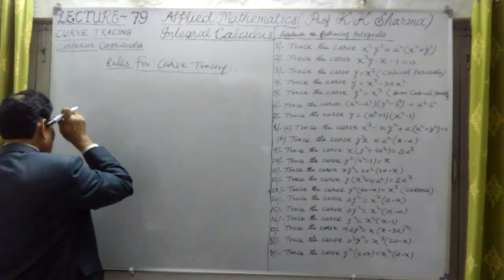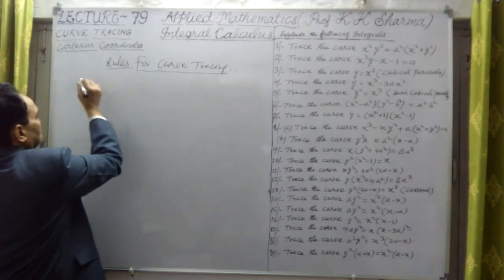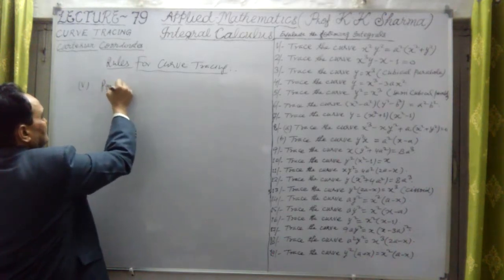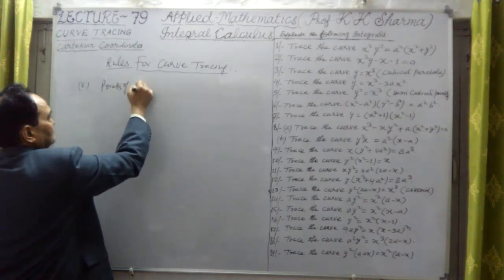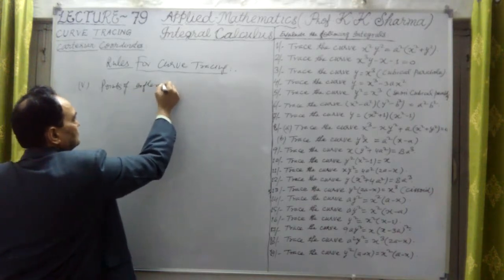Okay, then let's talk about other things. What is the point of inflection also? This fourth point we are talking about. The fourth point is points of inflection. Points of inflection also we have to define.